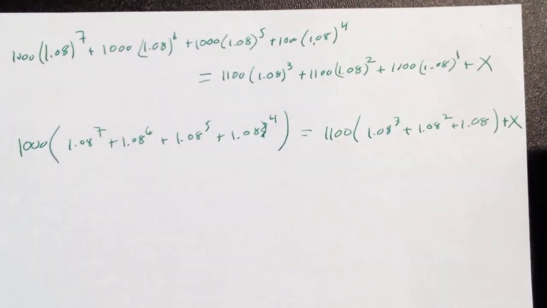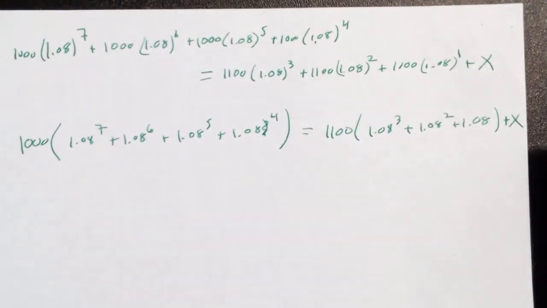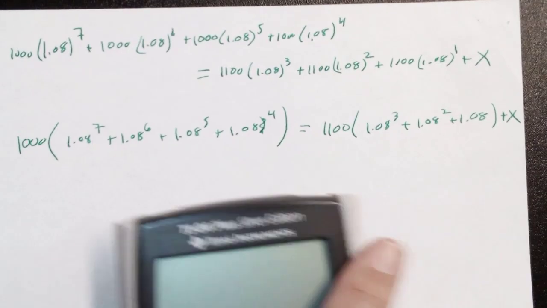Now it turns out that the equation that is currently at the top of the screen is the same equation you would get if you used the valuation date of March 28th. So let's do the actual arithmetic.